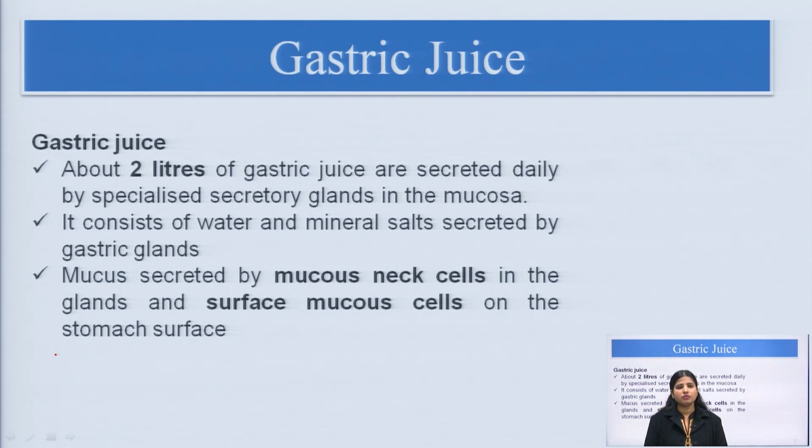Mucus is secreted by the mucus neck cells in the glands or the surface mucus cells present in the stomach surface. So, the water, mineral salts and mucus are all part of the gastric juice.